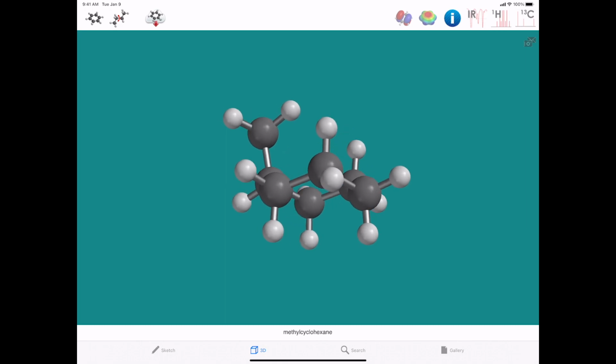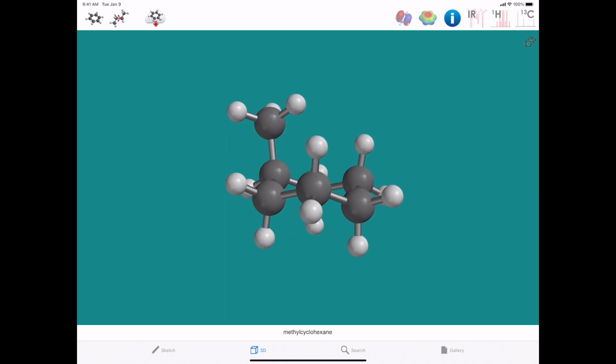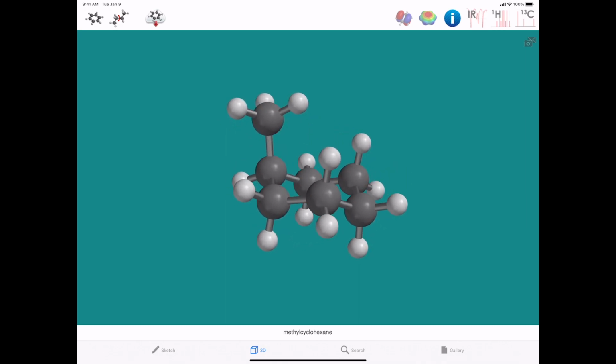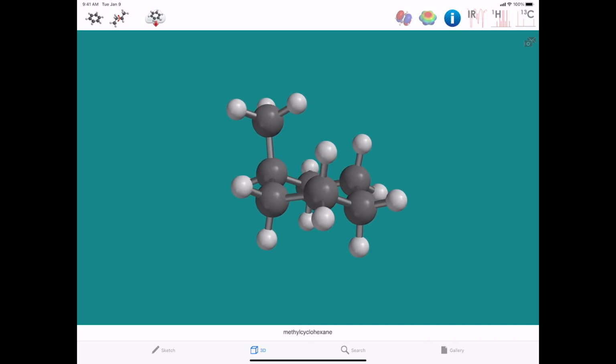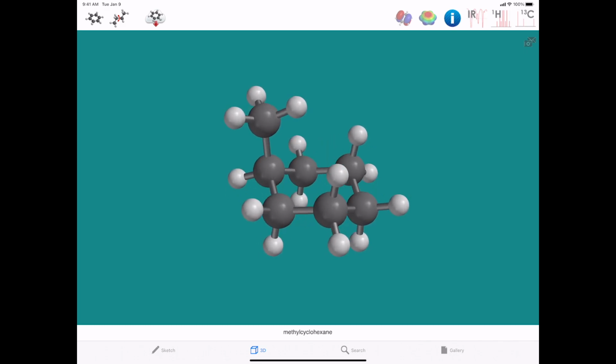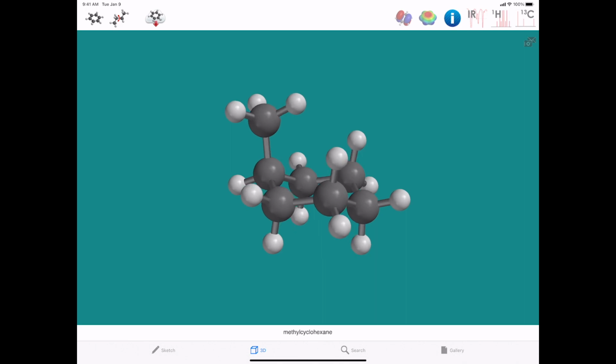And the other thing maybe some of you've noticed is that this is not necessarily a perfect chair. The carbon-carbon bond involving the methyl group here is not perfectly axial, it's leaning a little bit. And it's leaning a little bit away from those other axial substituents to avoid steric problems.